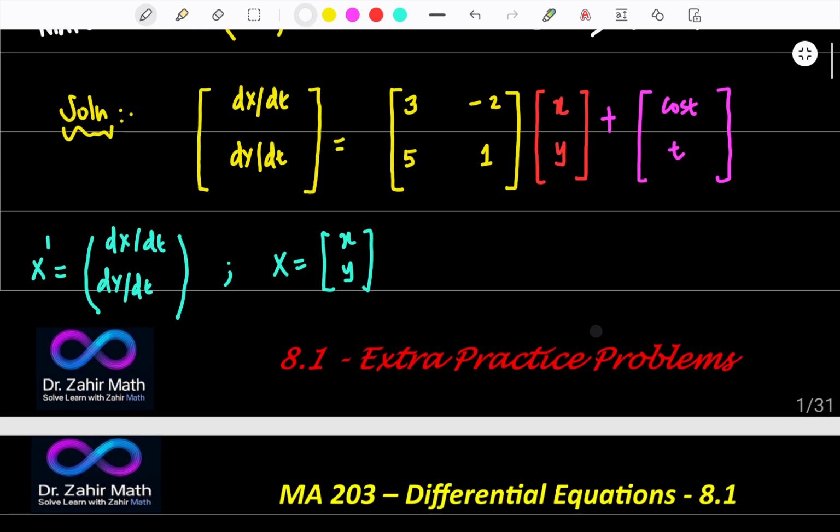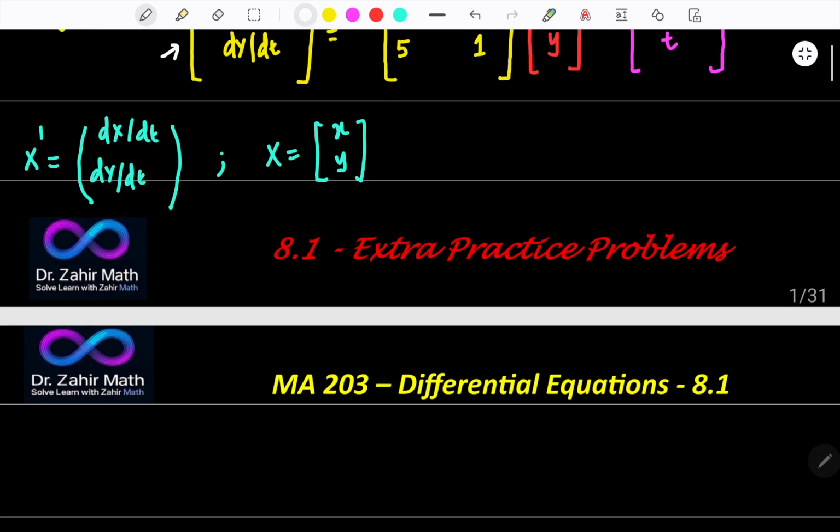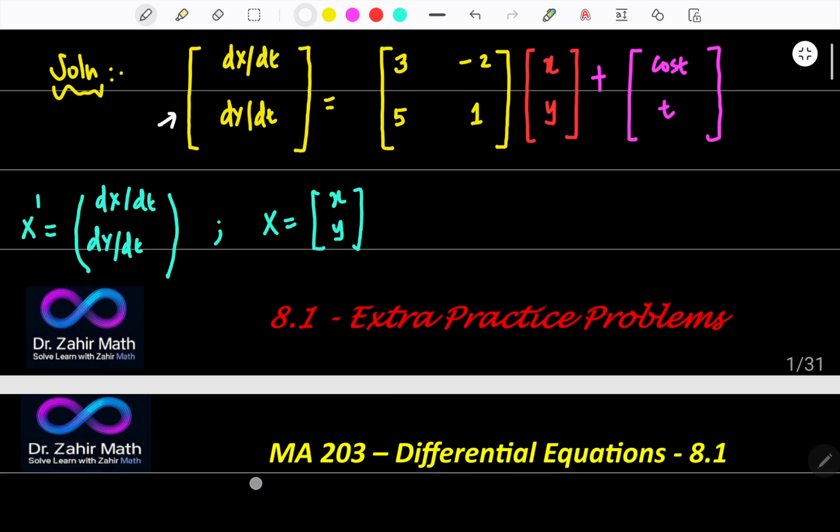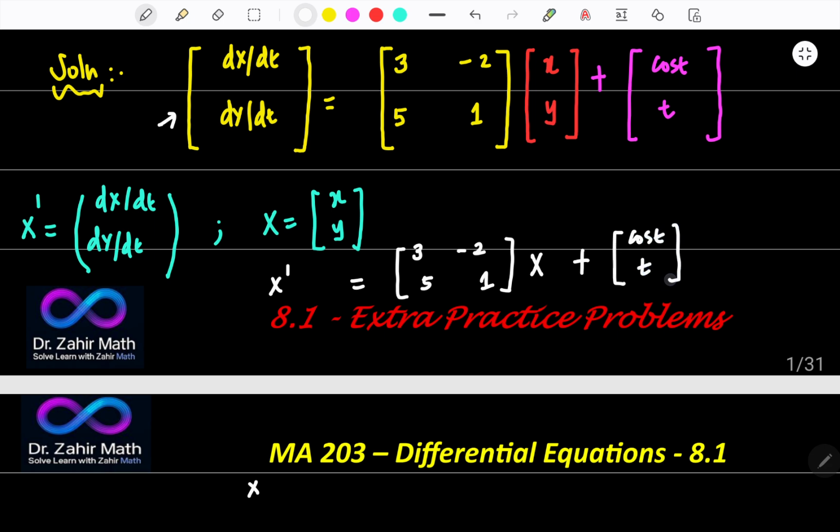For dx by dt, I am going to use X dash. This is equal to the number matrix: 3, minus 2, 5 and 1, close the matrix. And then write x and y as capital X. And then plus, you can write the function of t or you can write the values of t also.